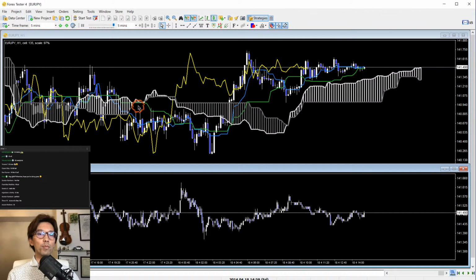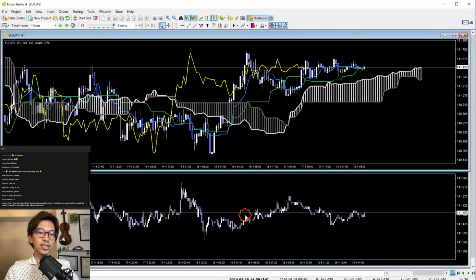Once again, up here is a 1 hour chart, and below here is a 5. This is not the real chart. This is the Euro JPY back in 2014 in April. So this is backtesting, right? We cannot see the future, and I don't think anybody remembers what the market was at that time on this particular pair.